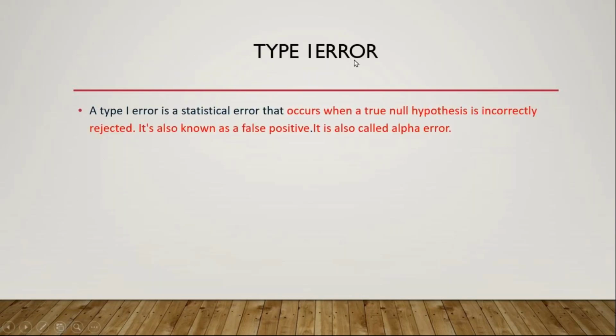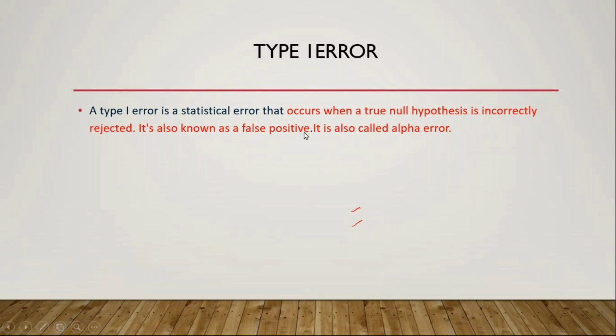Now type 1 error. What is the difference between a type 1 error and type 2 error? A type 1 error is a statistical error that occurs when a true null hypothesis is incorrectly rejected. That is, the drug that has come to the market is beneficial for the people, but it has been rejected by the trial people.